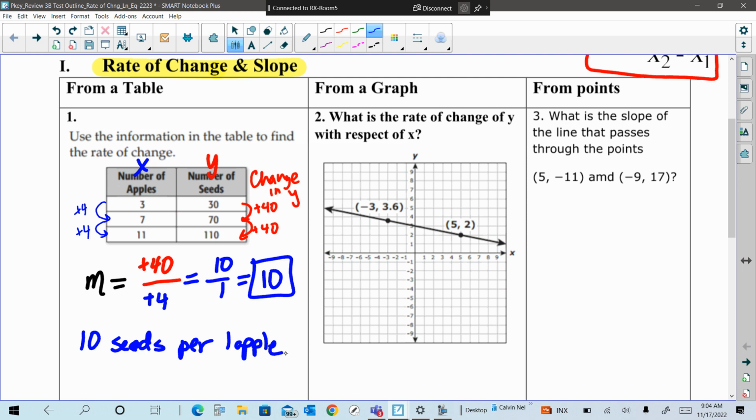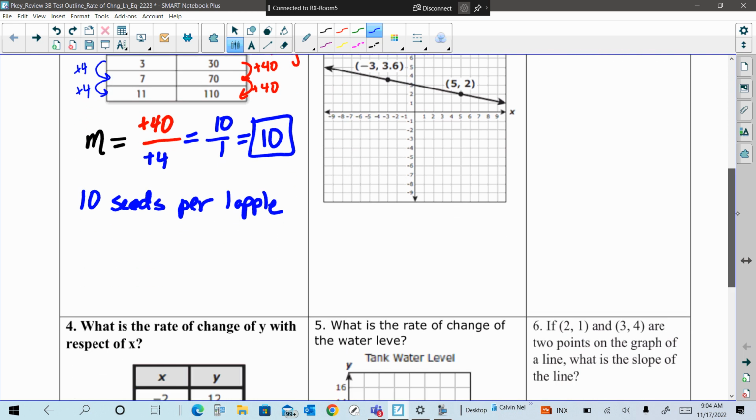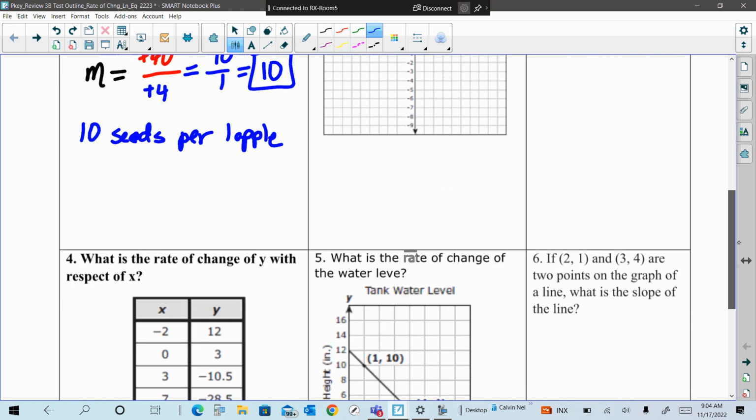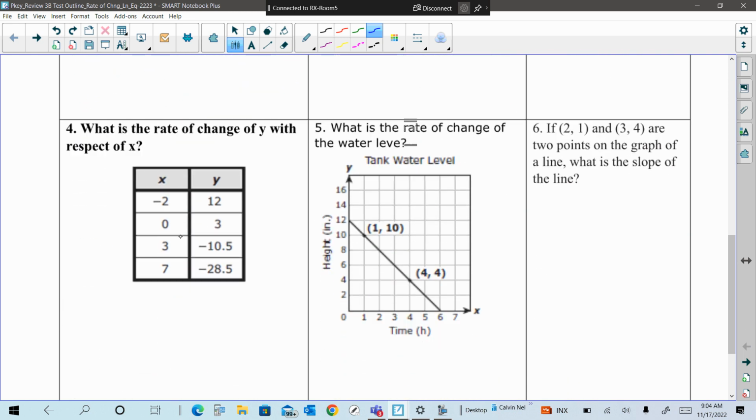All right, the reason I want you to use your formula as the best way is because if you go down to number 4, the next table, I do give you your X and Y, but if you look here, it goes 12 to 3, that's minus 9. But then here, it goes 3 to negative 10.5.